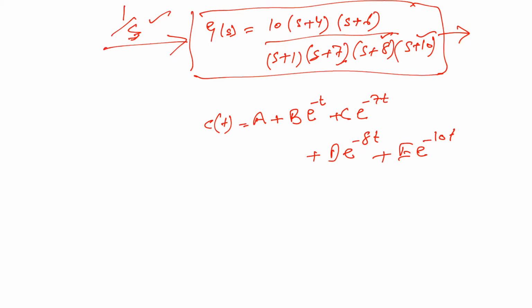So just by seeing this, we can get the response of this system. Also, one more point: we have seen that these are exponential responses with 7t, 8t and 10t.